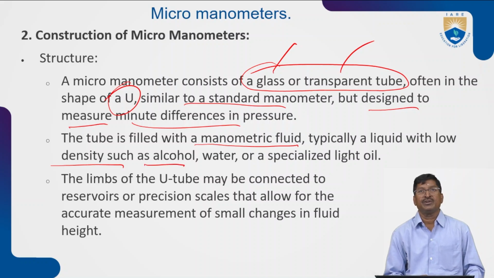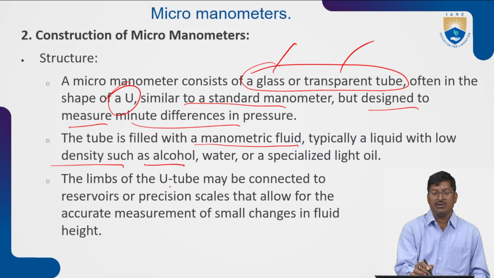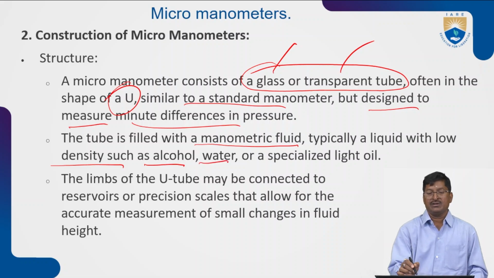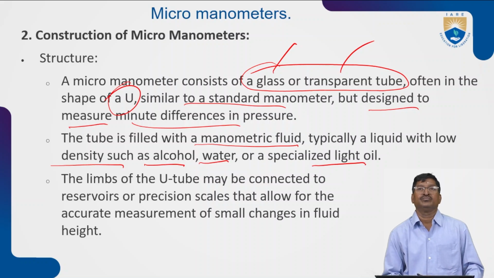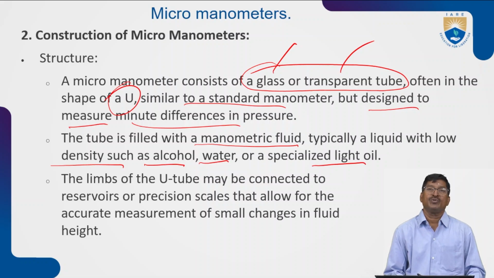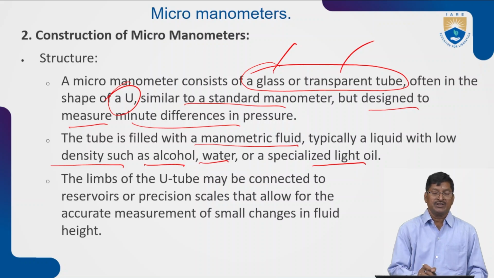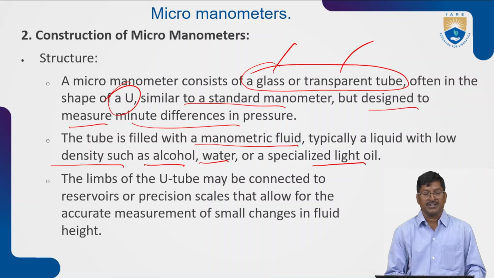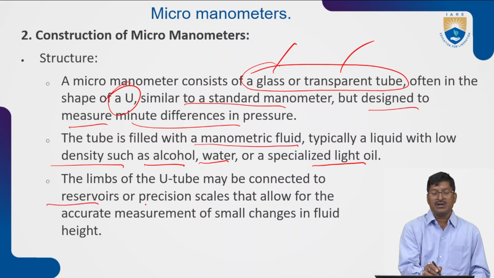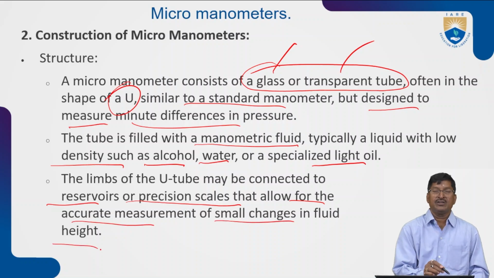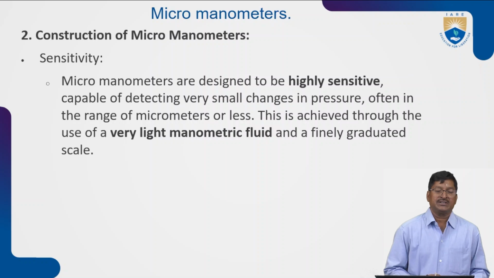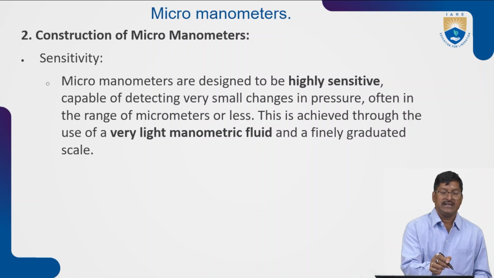So in micromanometers, the manometer fluid is alcohol, or we can also use water or a light oil. These can be utilized as manometric fluids in micromanometers. Okay. Then the limbs of the U-tube may be connected to reservoirs or precision scales that allow for accurate measurements of small changes in fluid height. Now we can see the construction of the micromanometer.